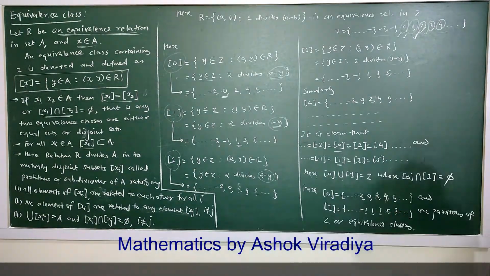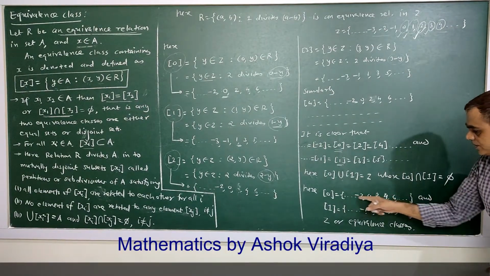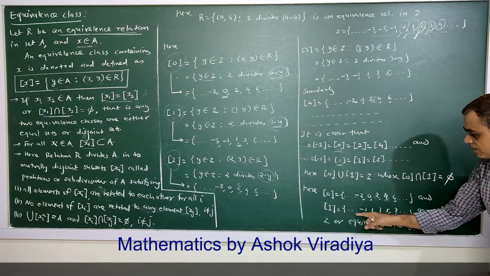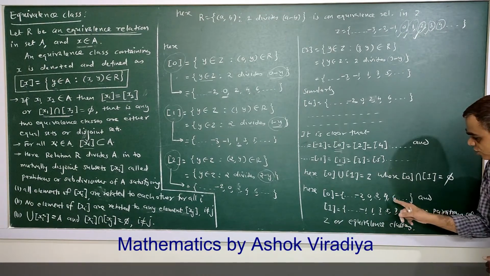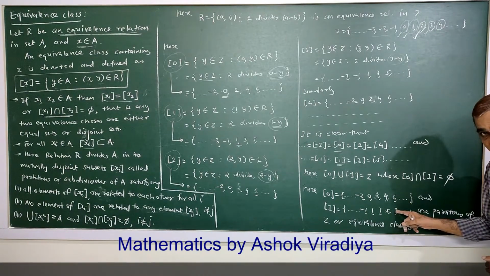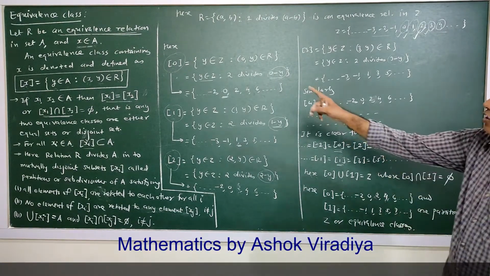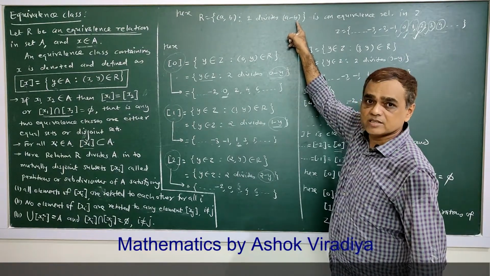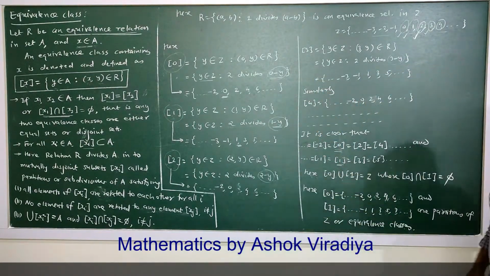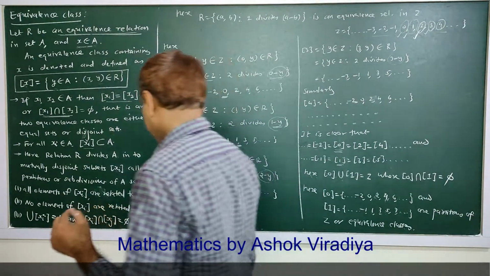But if you select a number from this partition and another number from a different partition, suppose 4, 7, then 4 is not related to 7 because 4, 7 does not belong to R, because 2 does not divide 4 minus 7. So when two elements are selected from different partitions, they are not related to each other.